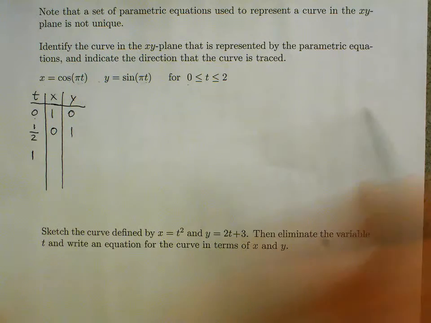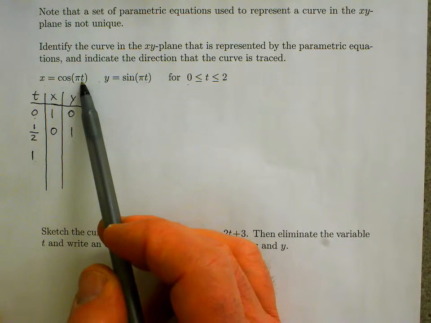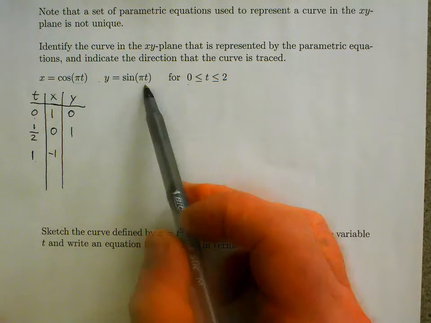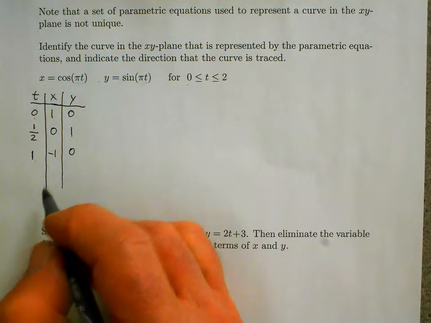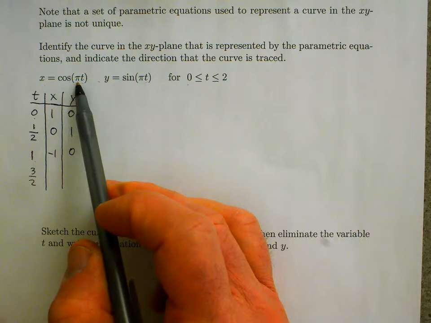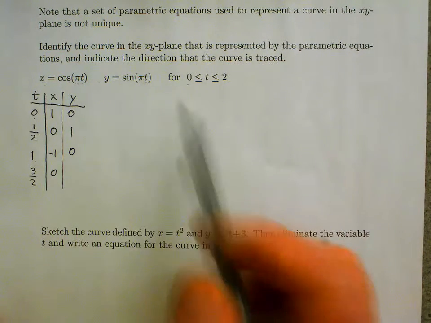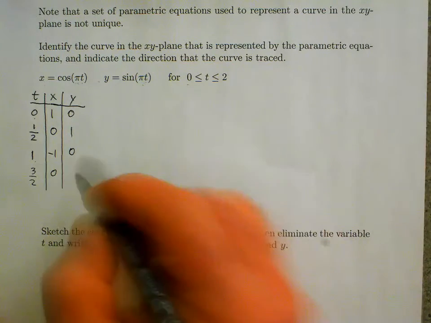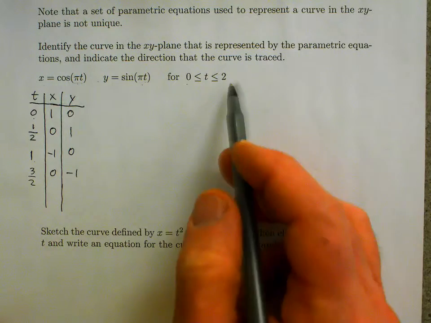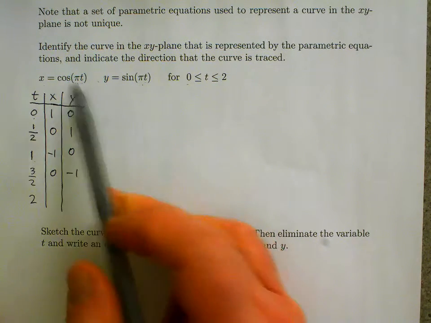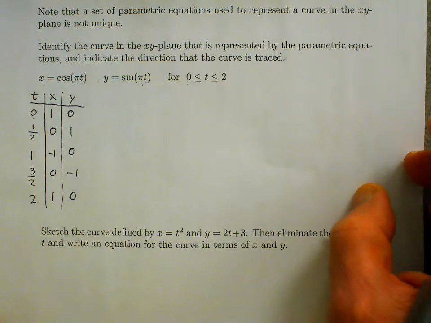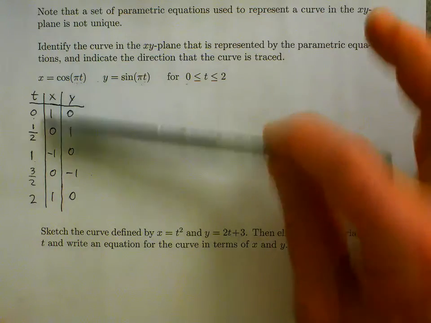And if we pick t to be 1, cosine of pi is -1. Sine of pi is 0. Pick t to be 3/2. Cosine of 3 pi over 2 is 0. Sine of 3 pi over 2 is -1. And then when t is 2, cosine of 2 pi is 1, and sine of 2 pi is 0. There's a lot of other points that we could have plotted.